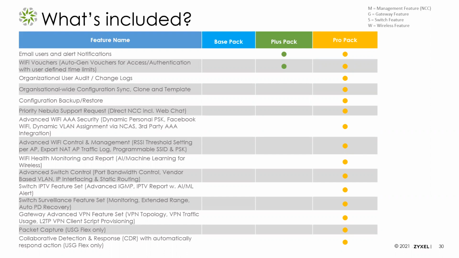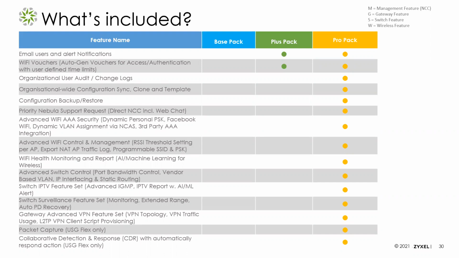We give you access to advanced AAA features. So that gives you things like dynamic pre-shared keys, Facebook Wi-Fi, which is different than Facebook login, which is included with free. The ability to use Radius server attributes to assign VLANs based on the username and password, other things like that.